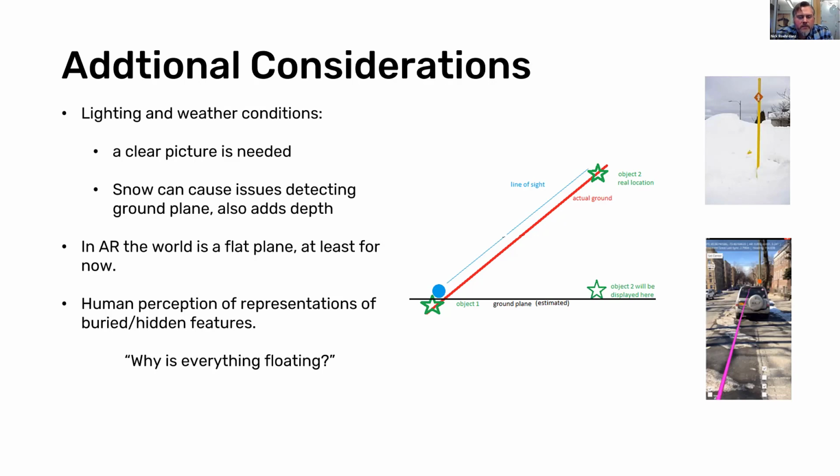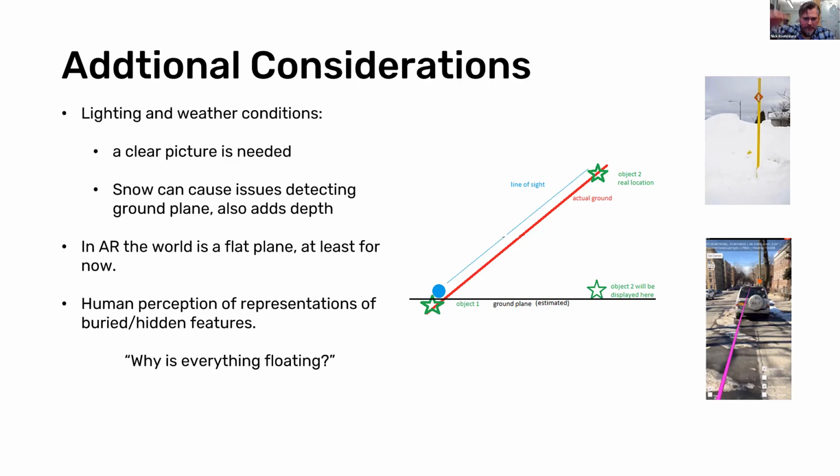Another really important thing to know is that as it sits right now in augmented reality, the world is a flat plane, because like I said, the sensors determine the ground plane, or the horizontal plane, as the ground. So if you have a lot of topography or a hill, like that little sketch diagram shows, it's wherever it thinks the ground plane is, where it detects it.